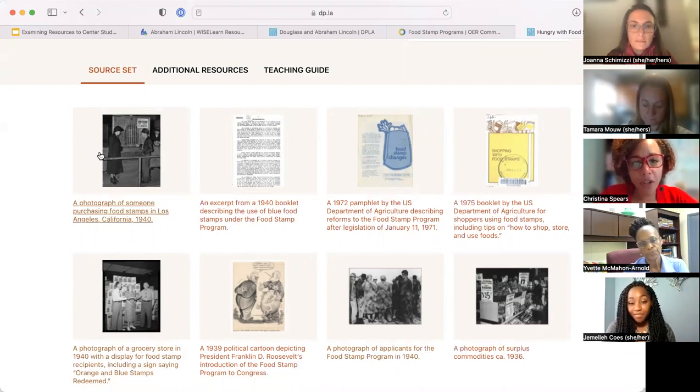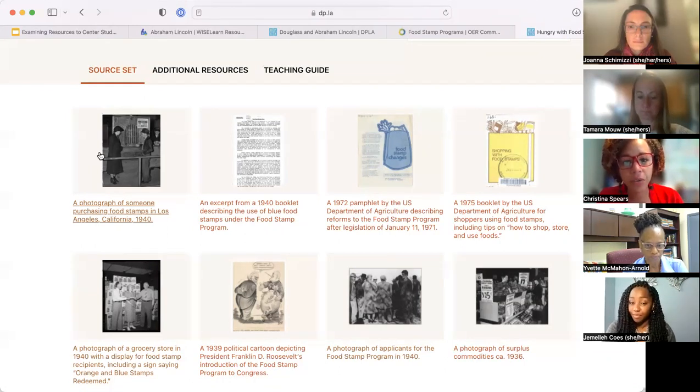So if I'm going to use our tool on this specific food stamp resource, I want to interrogate race and social class, two socially constructed identities that when we think about food stamps, we often think about socioeconomic status. And then there are implicit or explicit narratives about race around food and food access.